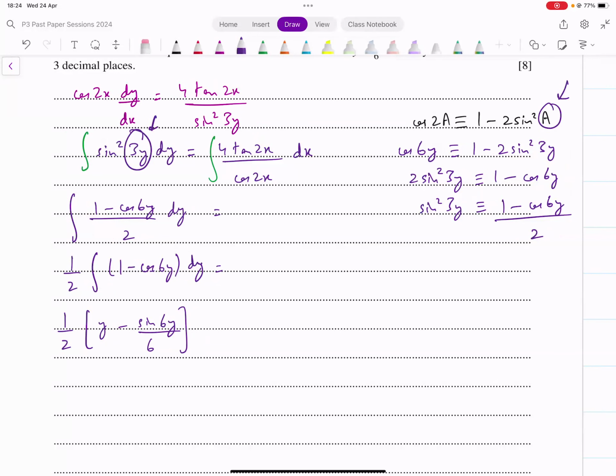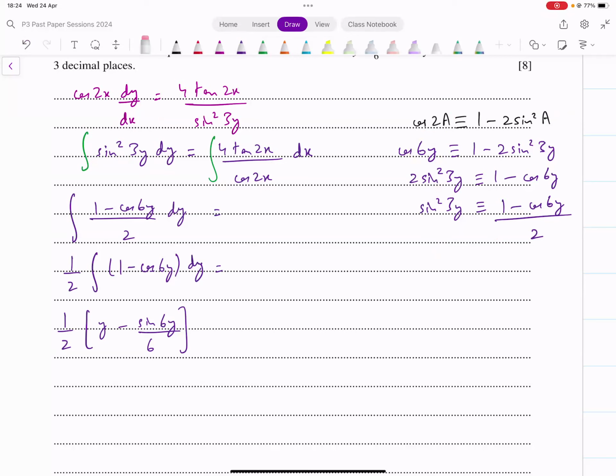In the identity, we've got sine square of a. So that means in place of a, we need 3 times y. All right. A needs to be replaced with 3y. So if a is replaced with 3y on the right side, what about the left side? On the left side, we've got 2 times a. That becomes 2 into 3y, that's 6y. And then we just make sine square 3y the subject, and that gives us this. So we can write sine square 3y as 1 minus cos of 6y divided by 2. And that's what we get.